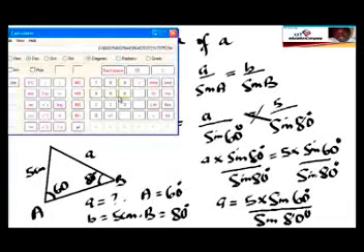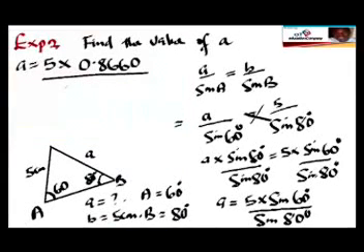Let's see this. 80 degree sine function gives 0.9848.